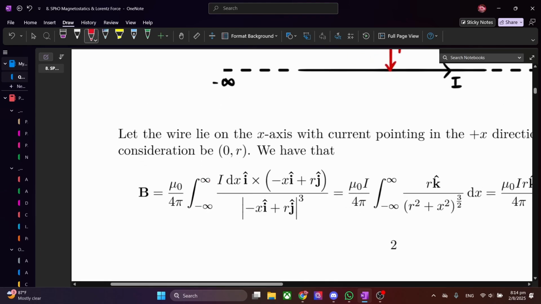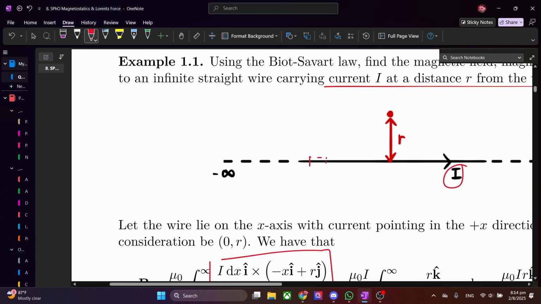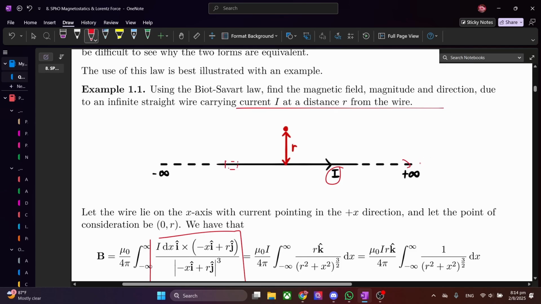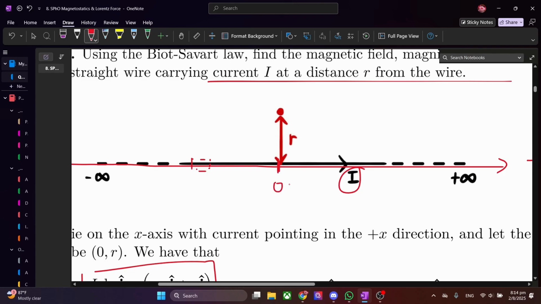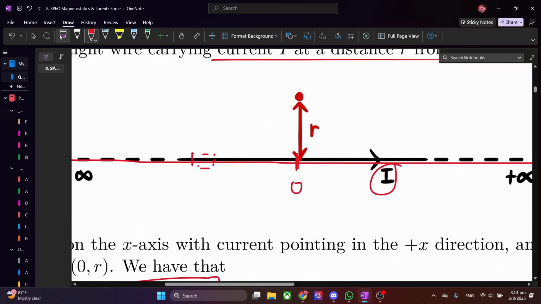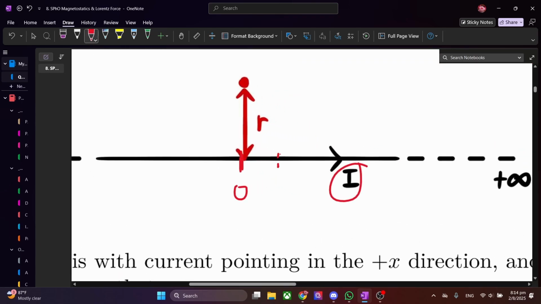Here, what this bulky expression represents is that, firstly, you have current I. Then we consider some point here. If we take this to be on the x-axis, so this entire wire lies on your plus x-axis, and this point here is your origin, then let me actually take a different point somewhere here.